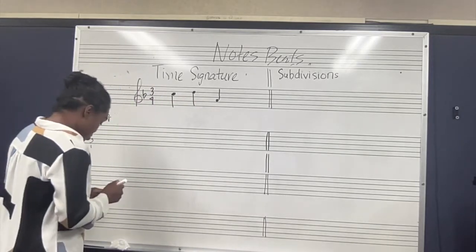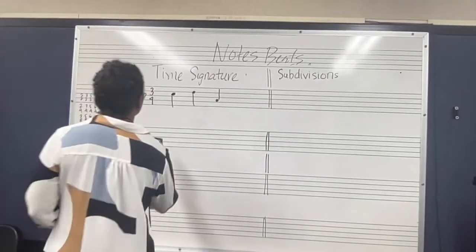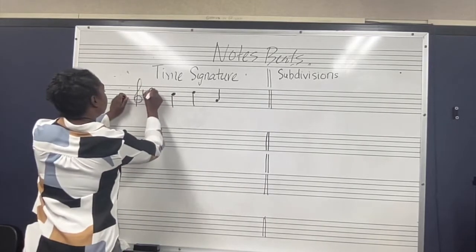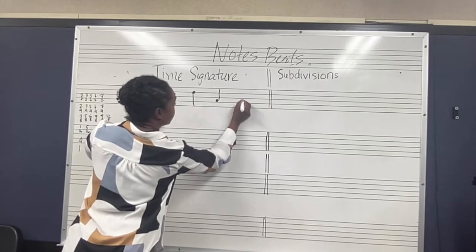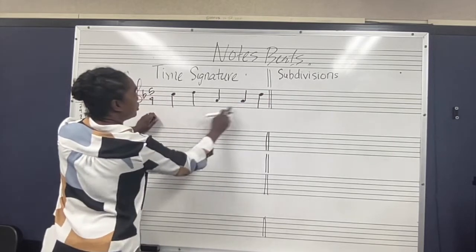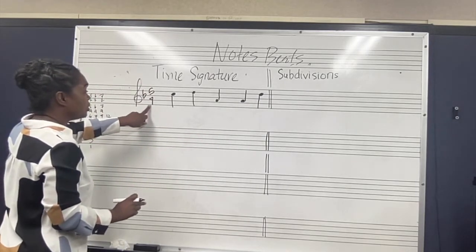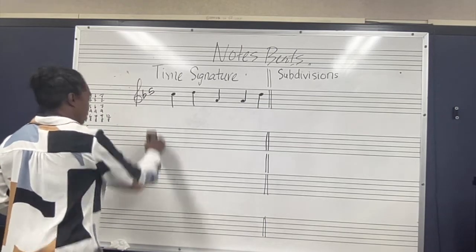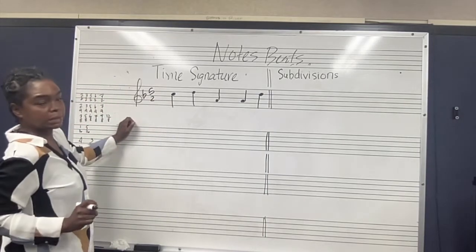Now, what we're going to do is go through a few others. If I made this into a 5, then we already have 3, so I could just do that, right? So that's 1, 2, 3, 4, 5. And we're still working with the quarter note because we see the 4 down there. If I was to change that 4 to a 2, what happens?